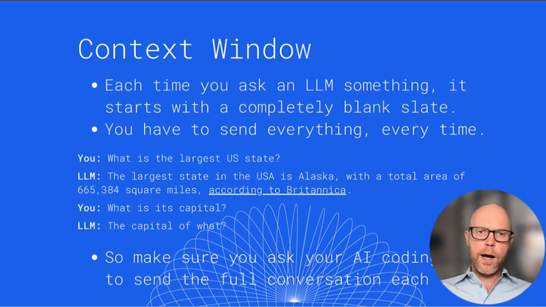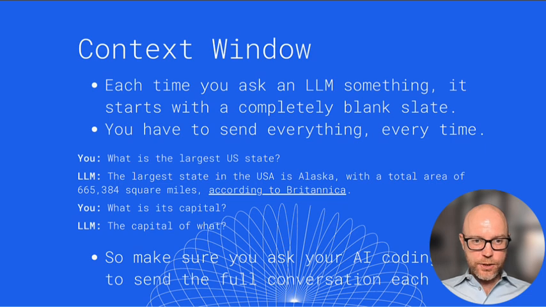So keep in mind that every time you are asking ChatGPT something, you have to send it everything you've said before. Otherwise, it's just going to answer it fresh. So for example, you might say, what's the largest U.S. state? And it says the largest U.S. state is Alaska. And then let's say you ask it again, what is its capital?